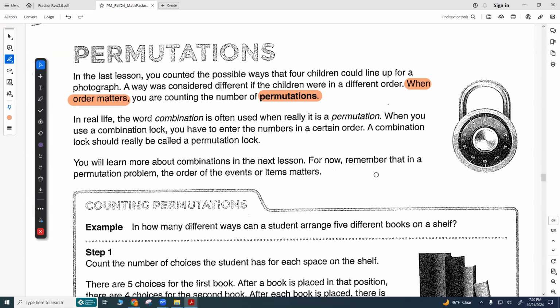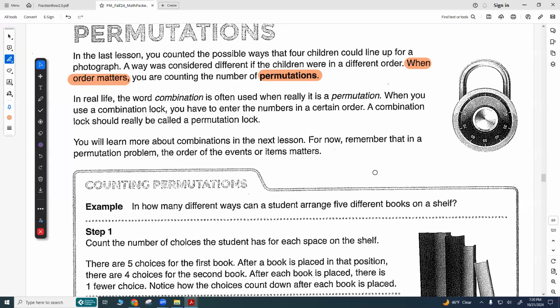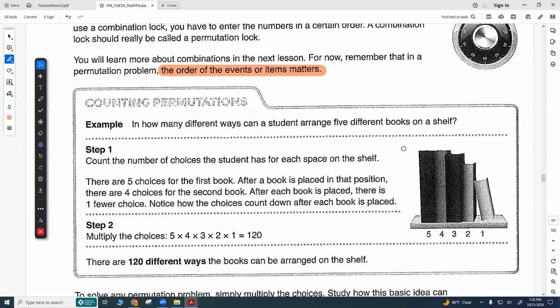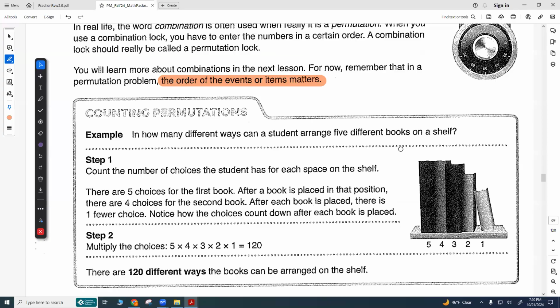Okay. So we'll get to combinations, but for now, we need to just remember that order of events or items matters.